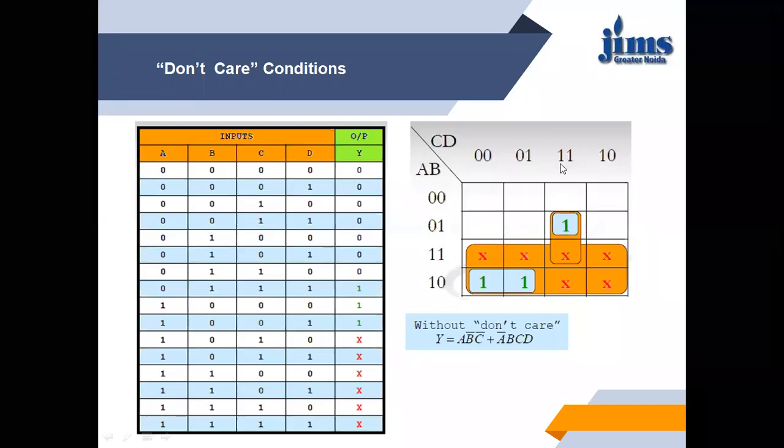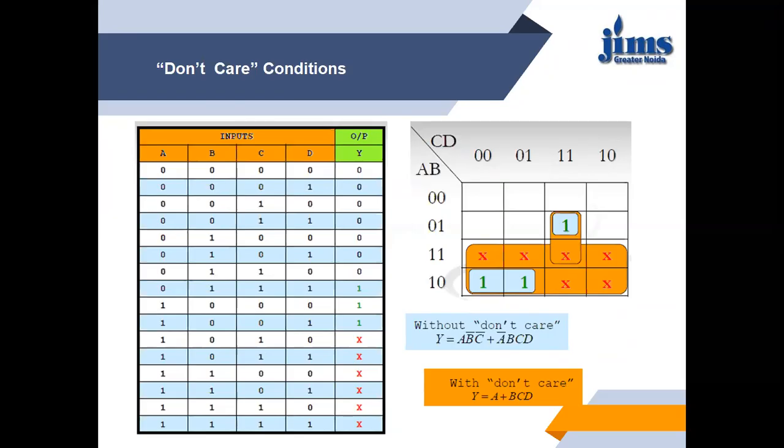B is constant and C, D is constant. Moving from one position to another, the value will be B, C, D. And when we are using the don't care, then the output will be A plus B, C, D.